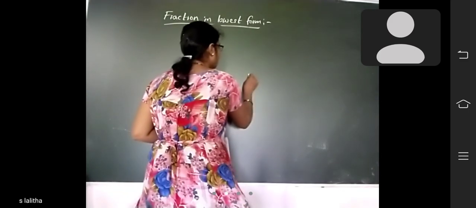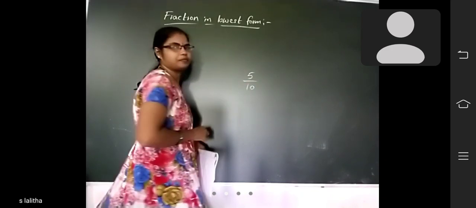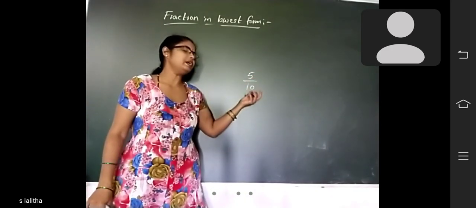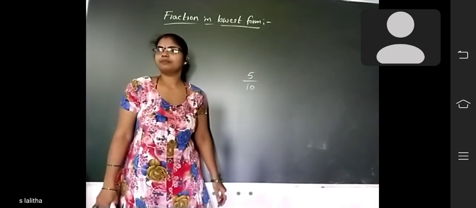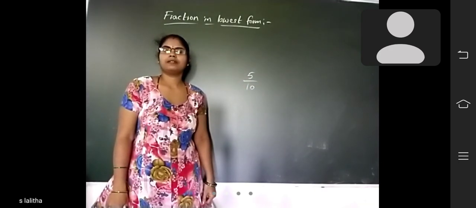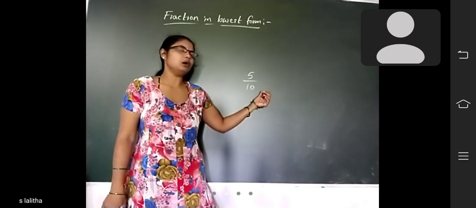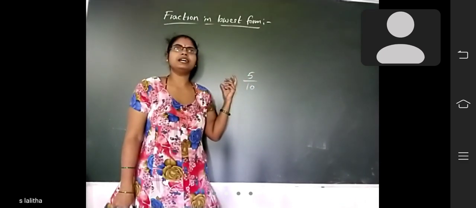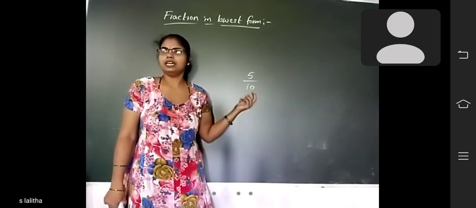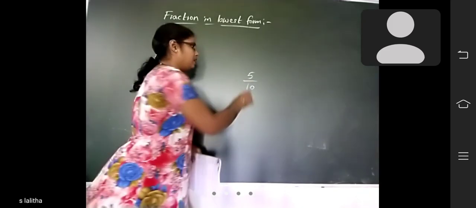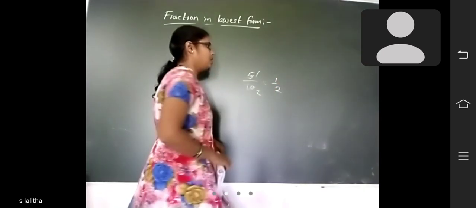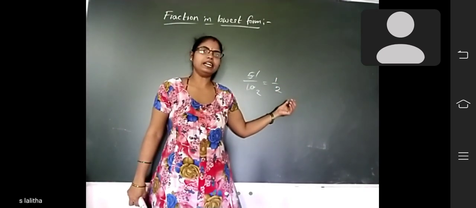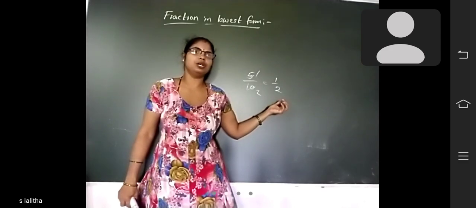Suppose 5 by 10 is there. Both numerator and denominator will divide with one number only or not? Yes, the 5 table: 5 ones, 5 twos. So 1 by 2. Now here can both numerator and denominator be divided by one number, children?